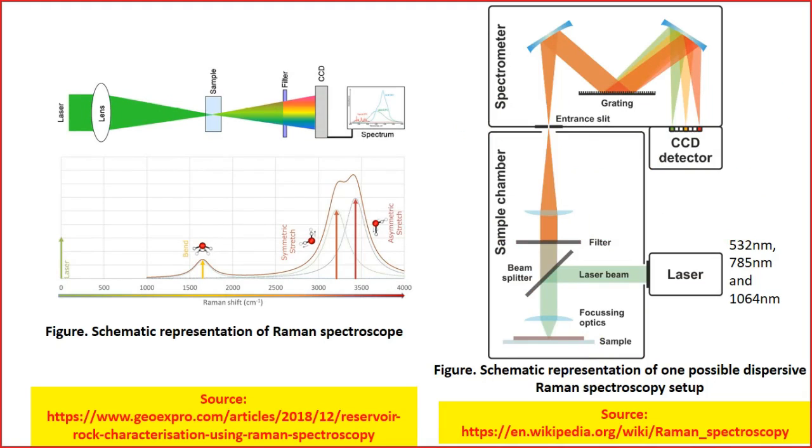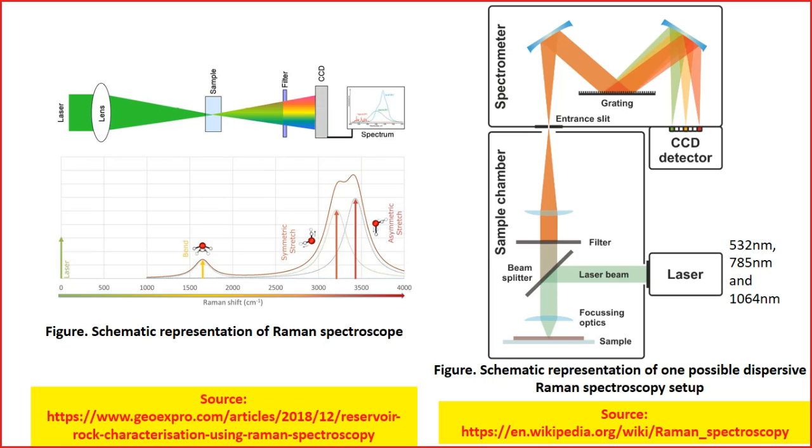But the sensitivity of the peak height would be different, because both of them show the spectroscopic characteristics in different ways. IR spectroscopy is basically an absorption spectroscopy, whereas Raman spectroscopy is a scattering spectroscopy.